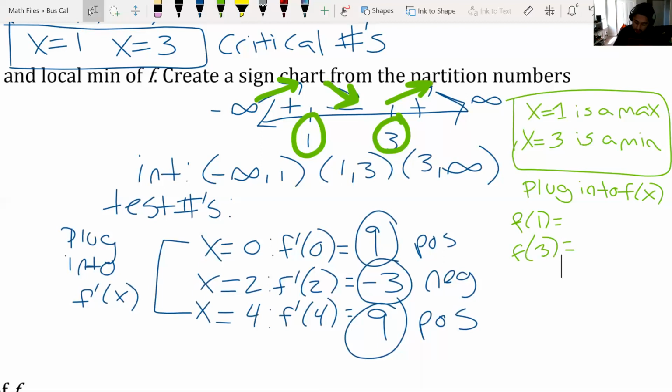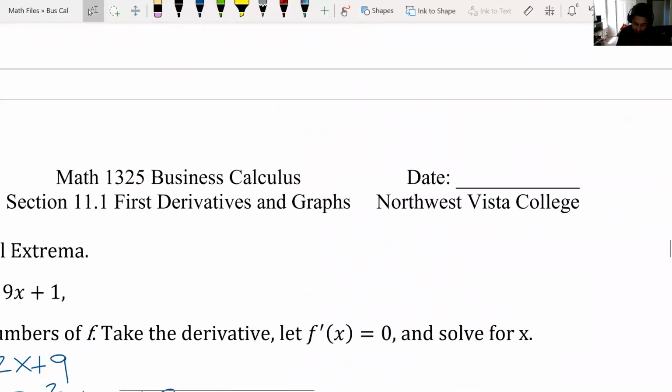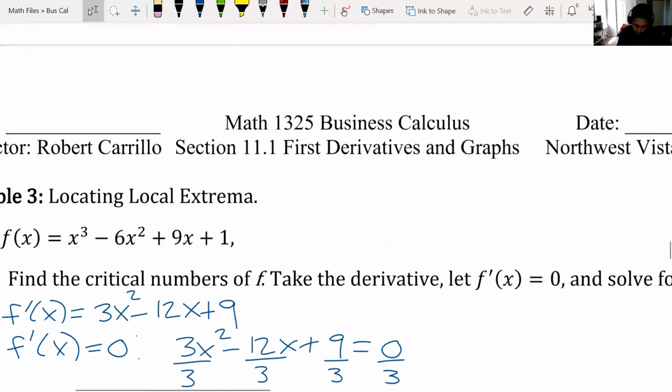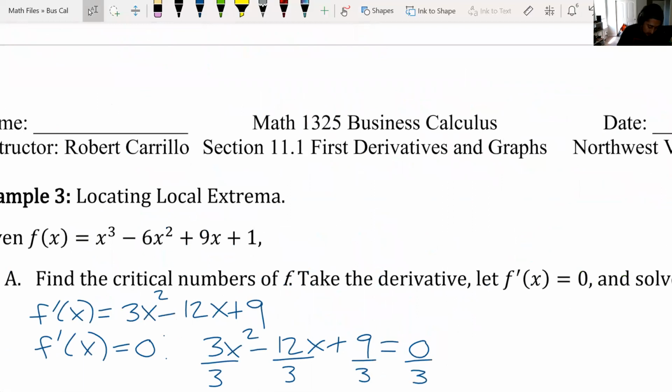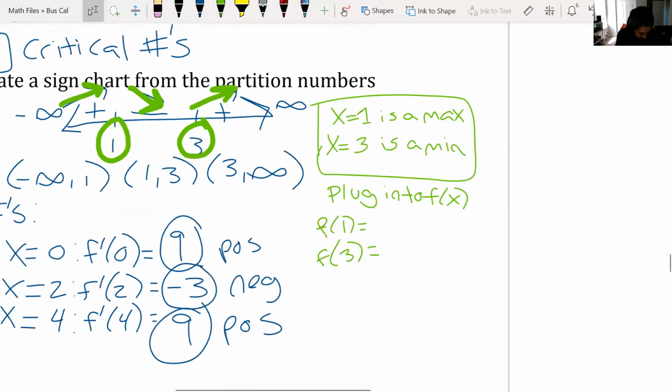And I'm going to go look at my original function. There it is. I'm going to do this on my calculator. x cubed minus 6x squared plus 9x plus 1. And I'm going to type in those numbers. If I type in 1, I should get 5.